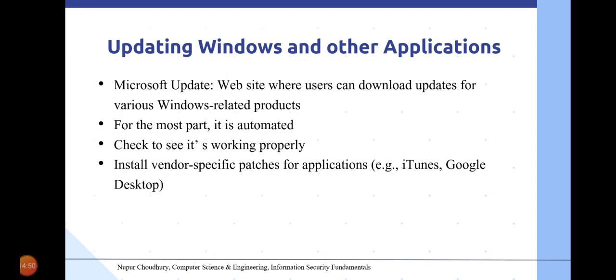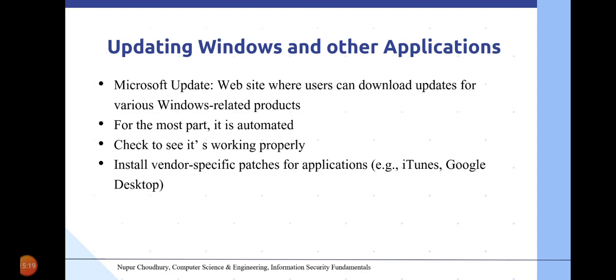So next is updating Windows and other applications. As already discussed, we need to continuously update software after it is installed because there are various vulnerabilities and various newer virus definitions that are coming into the market, and in order to address them it is extremely important for us to keep our antivirus software, or our software, at par with the latest definitions.